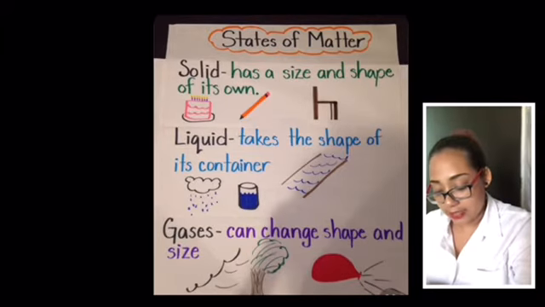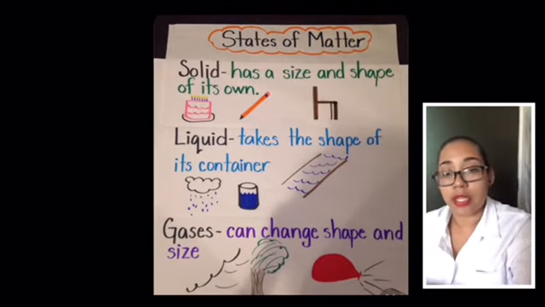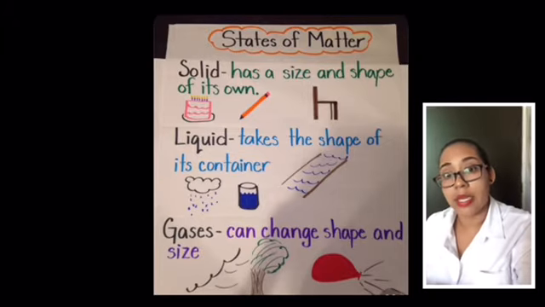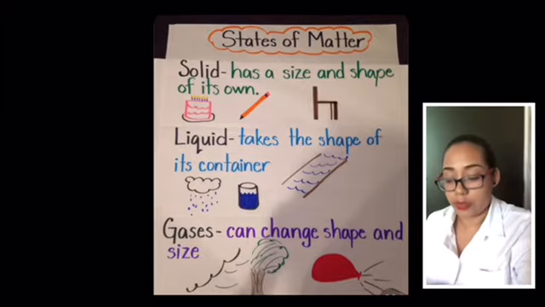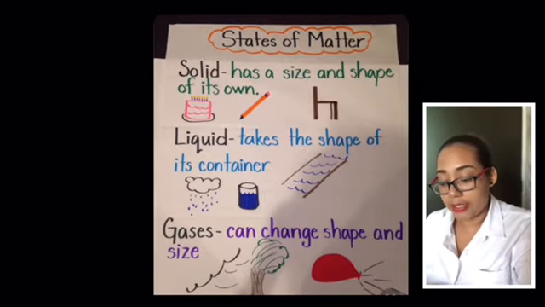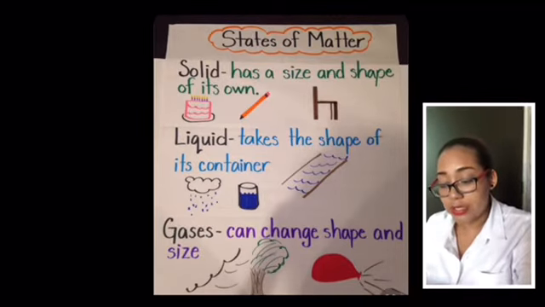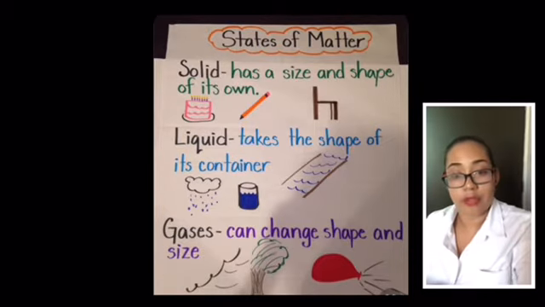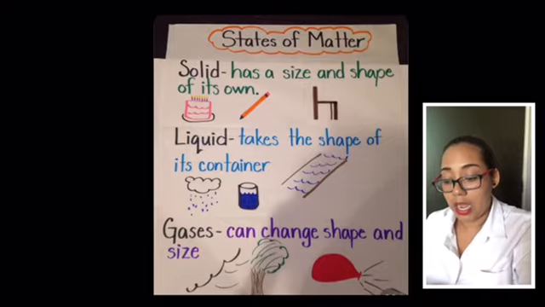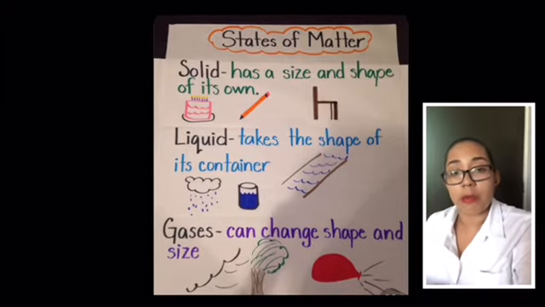That's why the branches and the leaves start falling and moving because of the amount of gas. Okay, so this is another example of the states of matter with some examples drawn there. And I need you to please do an activity in a moment.